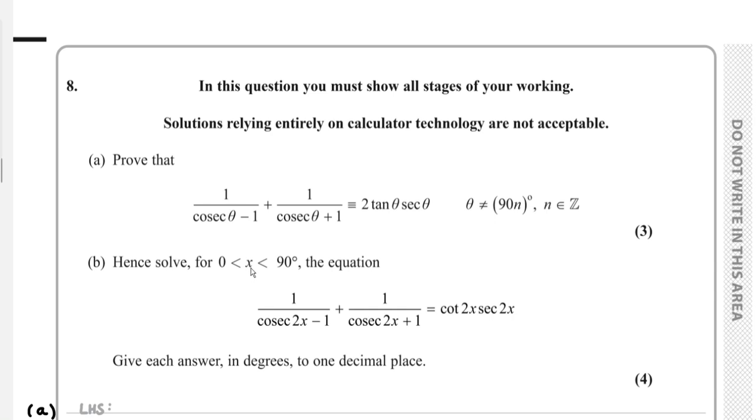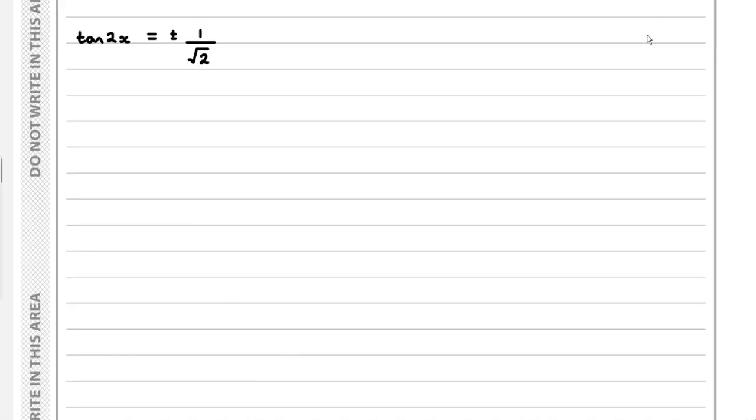In the original domain, we had an x over here, but in our equation we have a 2x, so we need to adjust the existing domain. And so adjusting our new domain, we have 2x is greater than 0 but less than 180.